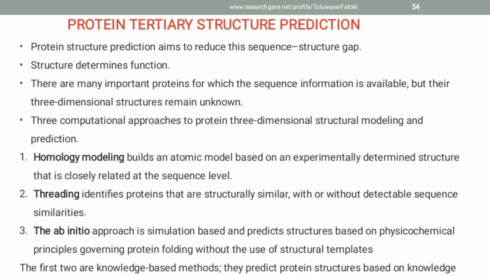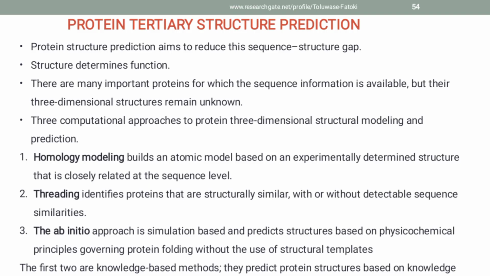That is, the template that is used for homology modeling is an experimentally resolved protein. That is, the structure that has been obtained from the wet lab is used as a model to build or to predict the structure for your own protein.